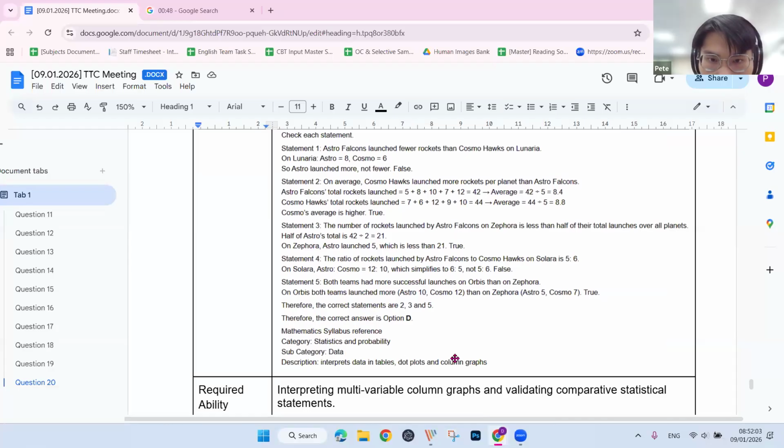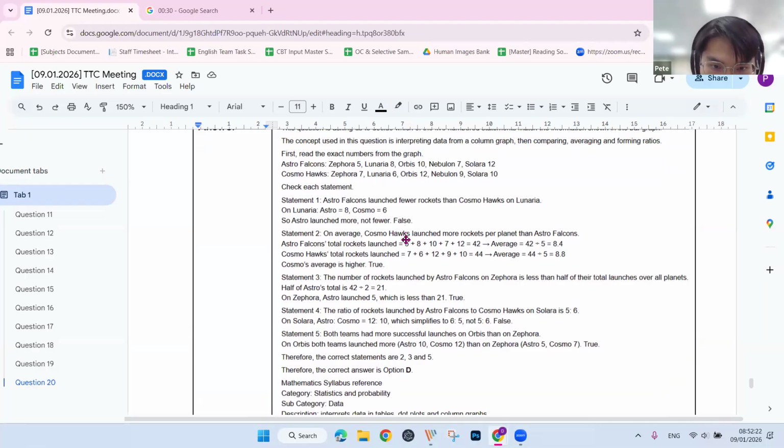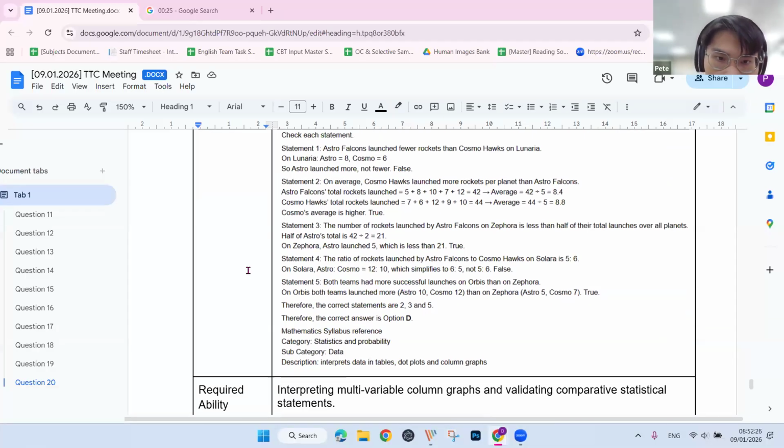The third statement says that the number of rockets launched by Astrophagon on Zephora is less than half of their total launches. Half of Astrophagon's total is 42 divided by 2, which is 21.